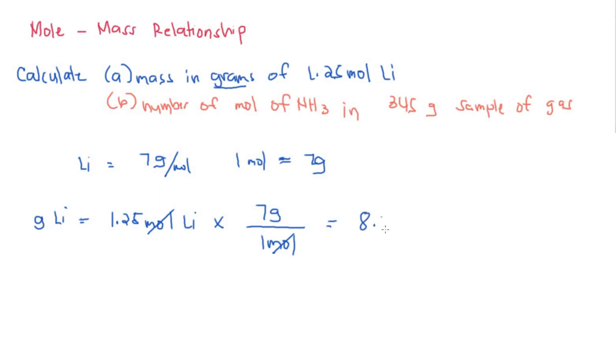That's equivalent to 8.75 grams of lithium. So this one is the mass in grams of the lithium. Okay, so that's how you get the mass in grams using the given moles.